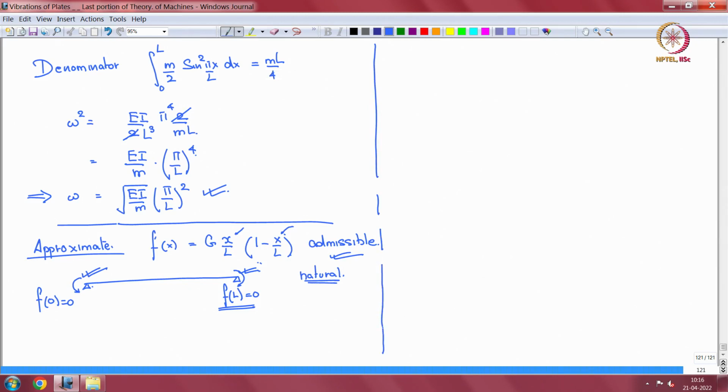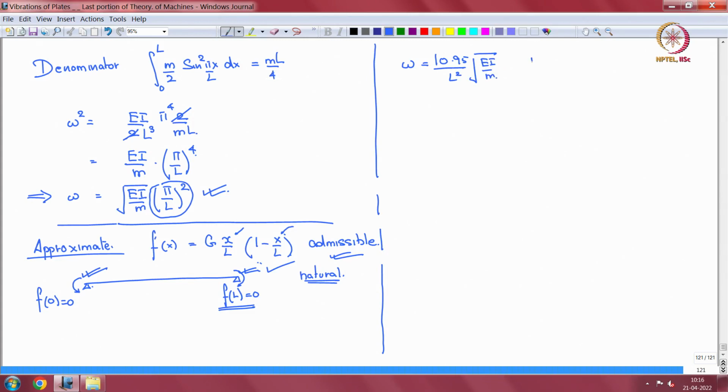So, you can now see if I substitute this, remember this pi square is about less than 10 or so. If I substitute this function over here, I get omega, the natural frequency, as 10.95 by L square root of E I by m.